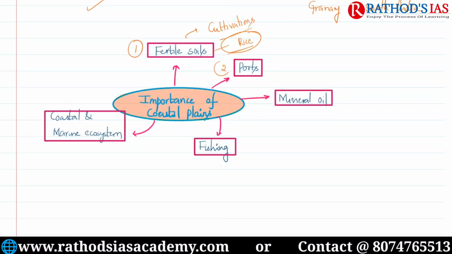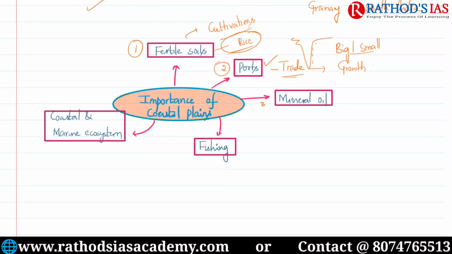The second important thing regarding these coastal plains is that we have a number of ports, both on the western coast and the eastern coast. Those ports may be big or small along the Indian coastline. They are helpful for carrying on trade and for the growth of our economy.